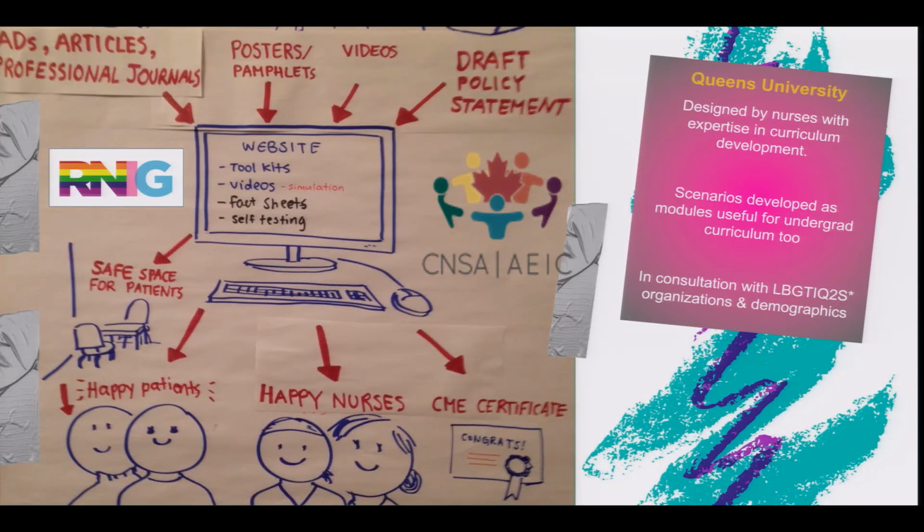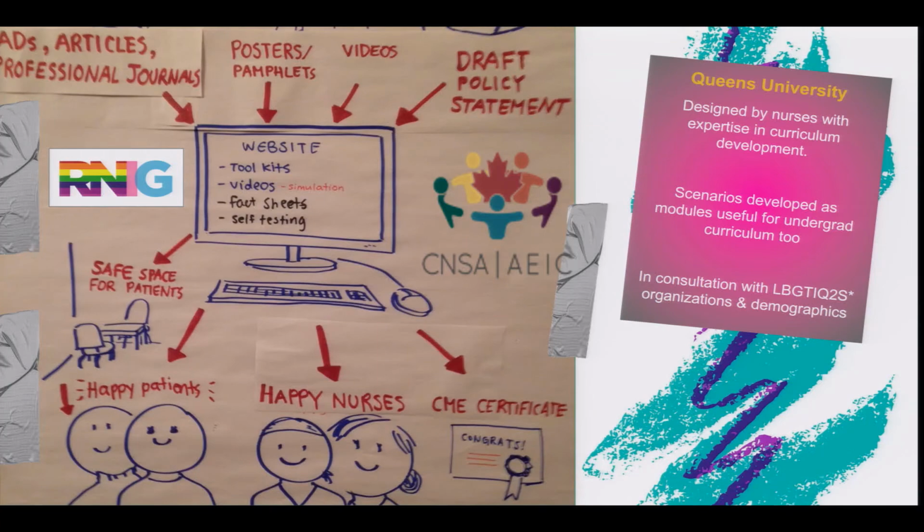The website's going to have toolkits, videos, fact sheets, self-testing. It's going to be done so that they can print out a continual professional development certificate for hours. And then we've contracted Queen's University to develop it because they're nurses with expertise in curriculum. And hopefully it'll be really good.